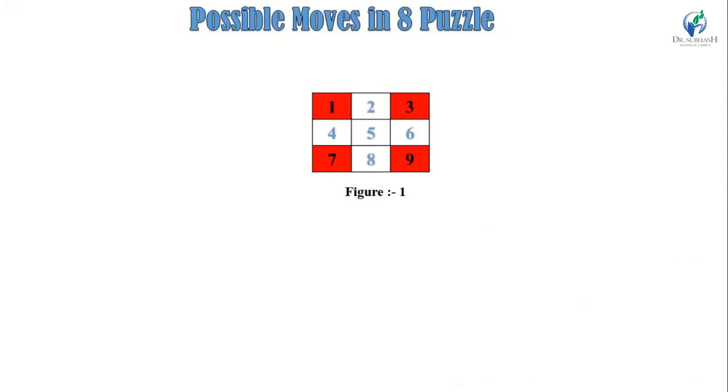Here we see figure 1. You can consider the red mark is the empty space. So we have 4 empty spaces in different locations, and here we can find out the legal moves for these empty spaces. If we consider digit 1 is the empty space, it can move only downside or right side.